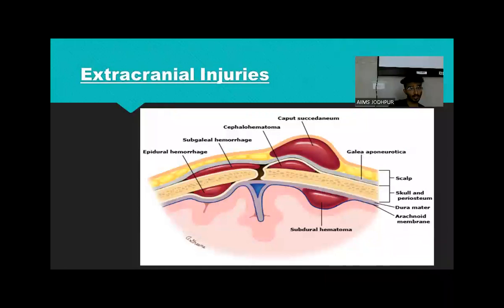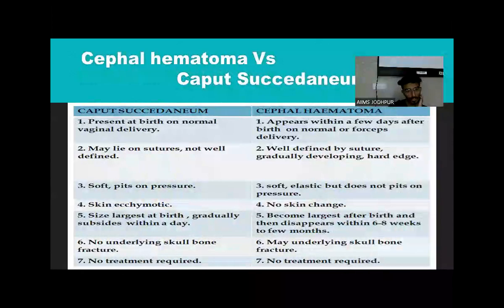Now, extracranial injuries are very common. That is caput succedaneum, cephalohematoma, and subgaleal hemorrhages. If we compare caput succedaneum and cephalohematoma, caput succedaneum is evident at the time of birth.